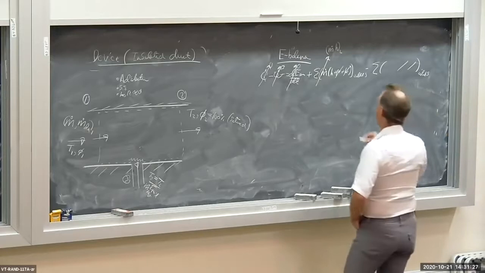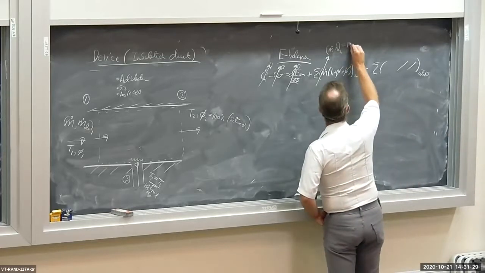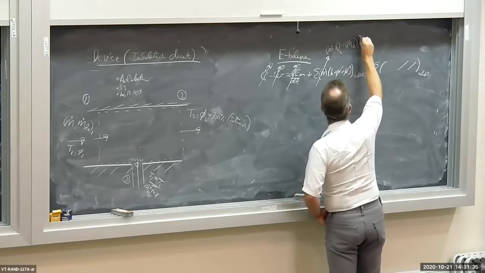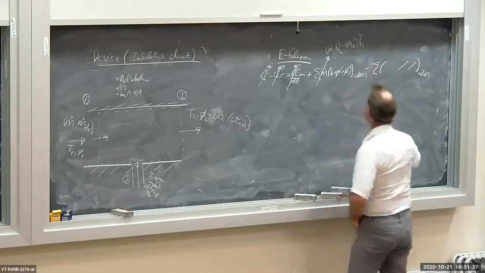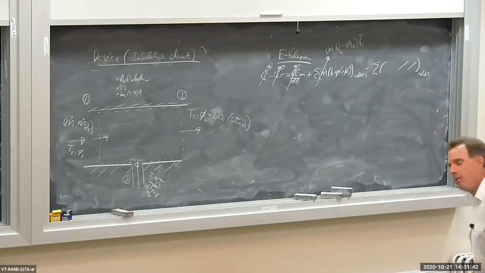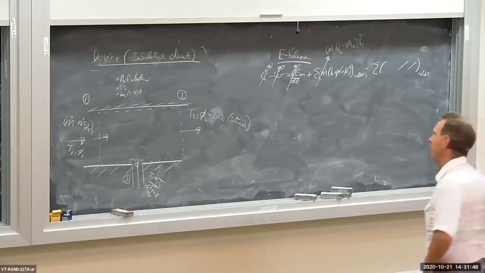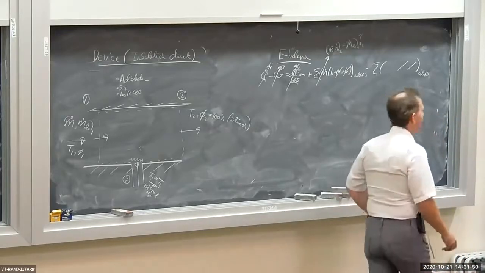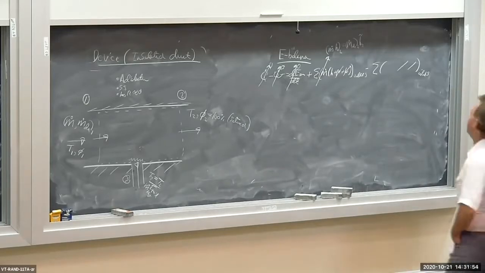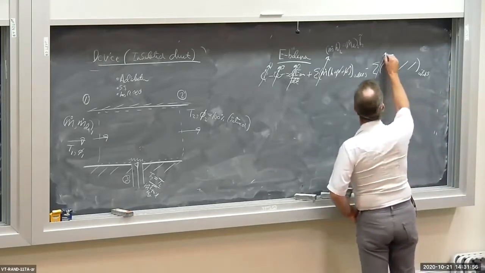I can say this, m dot dry air at location 2 times H tilde at location 2. H tilde is kilojoules in the mixture per kilogram of dry air. So that first term, the summation becomes one term, and it's actually equal to m dot dry air H tilde at location 2, okay?